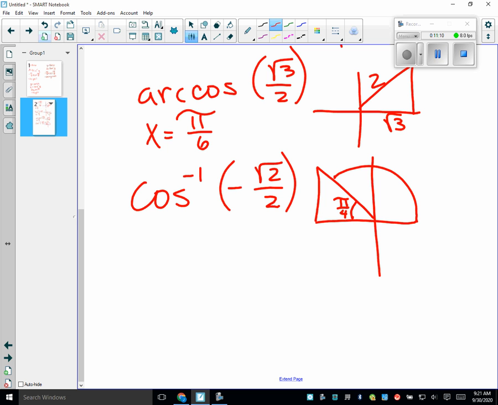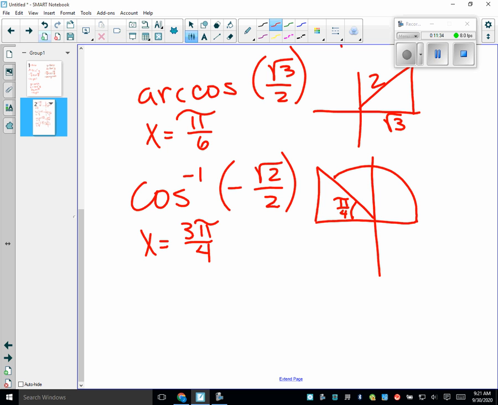My answer is, we always start on the positive x-axis and go to the end of my angle. So could it technically be a negative right here, like if it was 5? It could technically be negative 5 pi over 4.